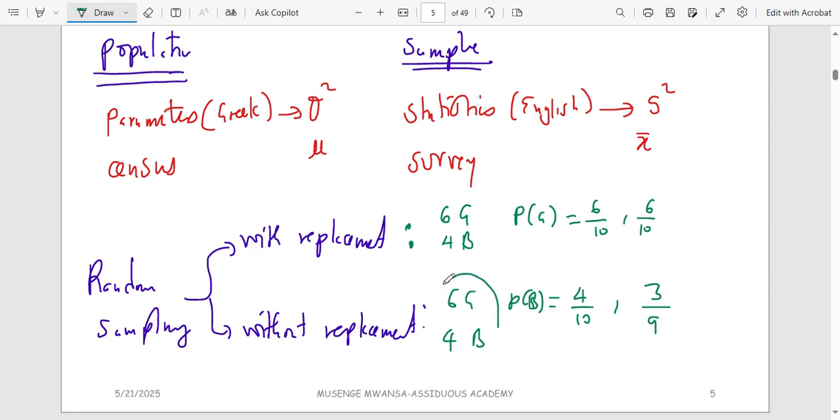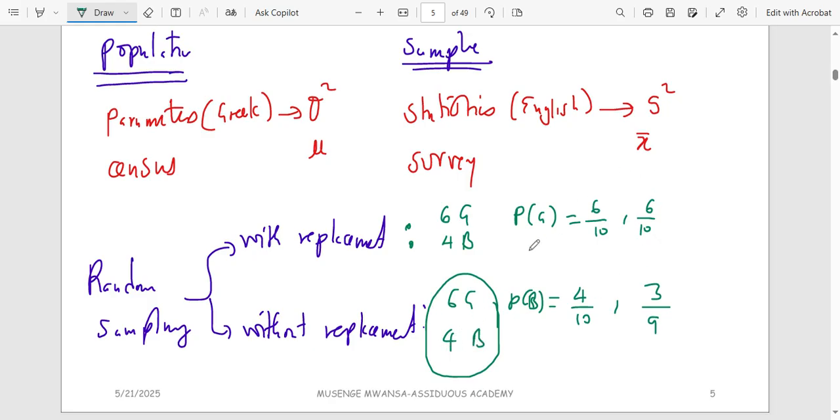Okay, so we have got a bucket that contains these six green balls and four blue balls, right? From these, we do it at random. You've closed your eyes, you've shaken the bucket, and then you pick a ball. The probability that the ball that you have picked for the first time is blue is going to be 4 out of 10, isn't it? Because that's how many you have.